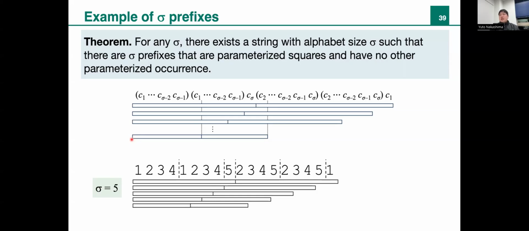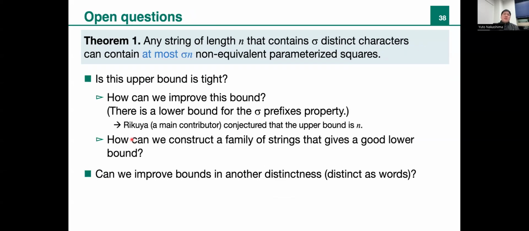This fact says that our previous main theorem, the sigma prefix theorem, is tight. So if we want to improve this upper bound, we need another idea, maybe.